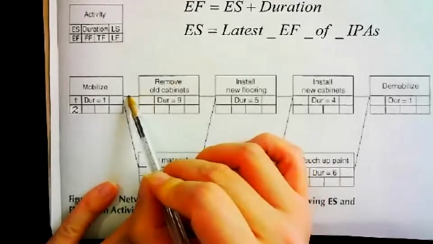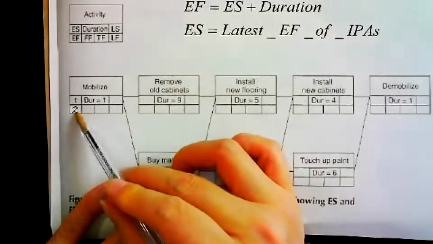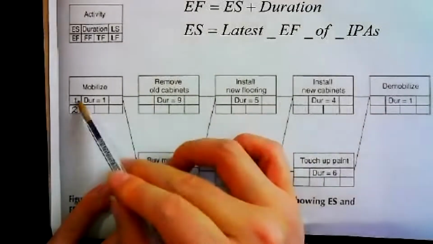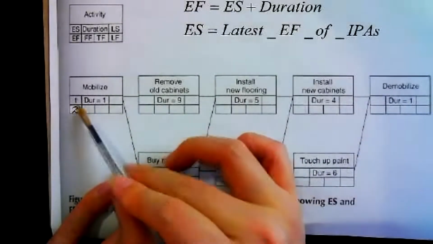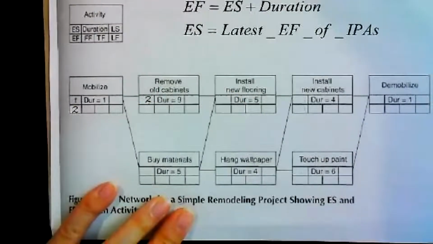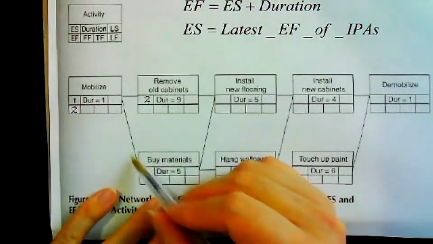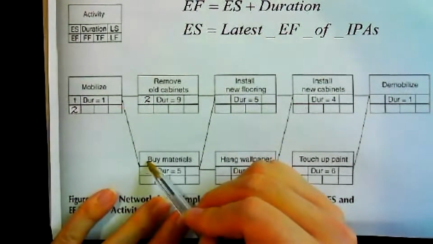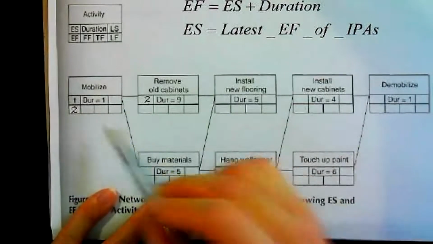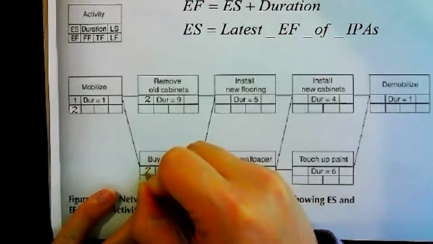So this equals the early finish of the IPA. Early finish of the IPA is 2, so over here this is 2. This one is the same thing: it's the IPA of this one, early finish of that is 2, so this is 2 as well.